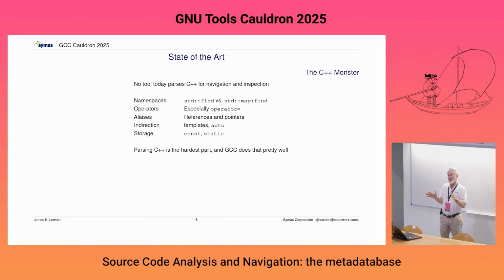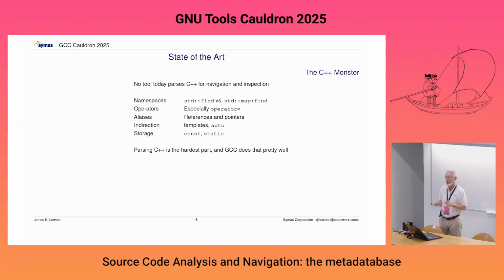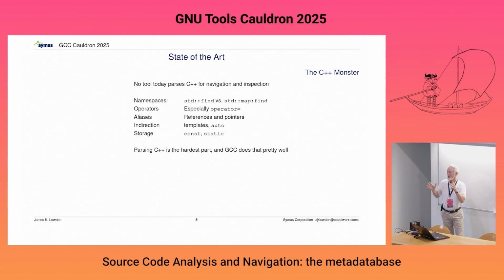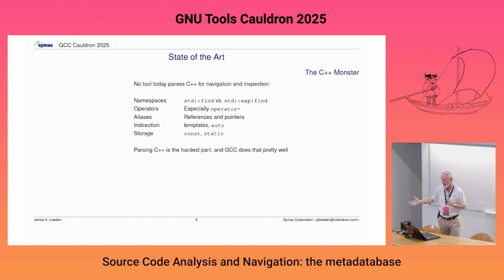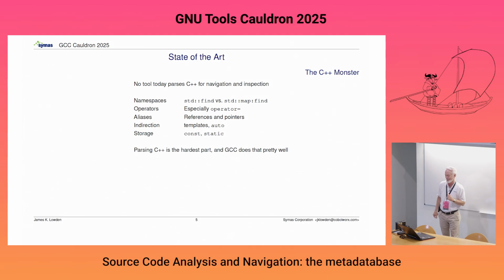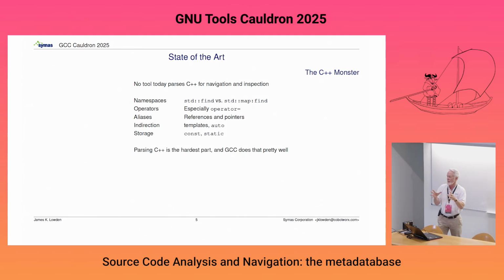Does anybody here use a tool that can find out where operator equal is being overloaded? Do you have a tool that will tell you where the address of your variable has been taken or where your pointer is being dereferenced? Do you have a tool that will understand things that aren't written down, like auto? Can you constrain it to particular files or scopes?